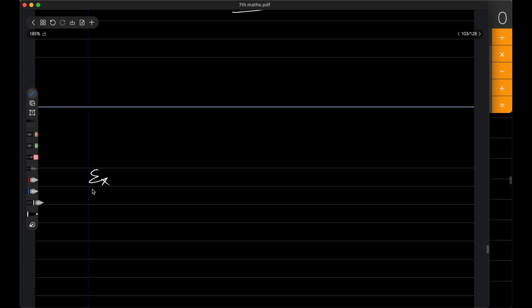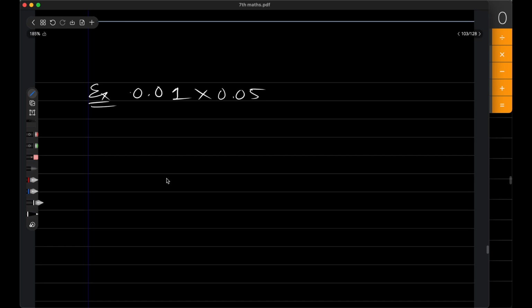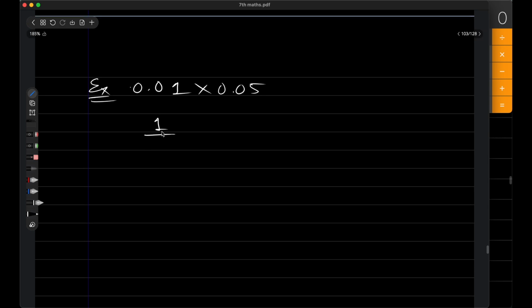Let us take one more example. 0.01 into 0.05. Convert into fractions, that is 1 divided by 100 into 5 divided by 100.